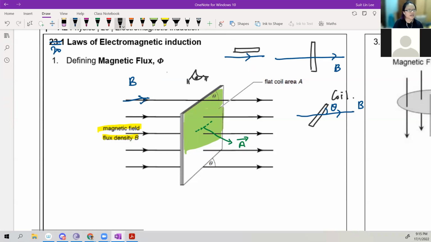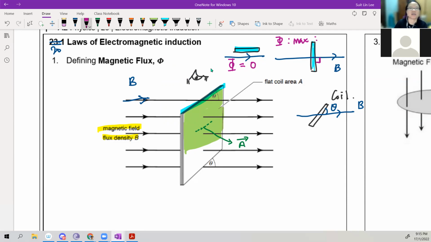So in the first case, the flux is zero because there's no field line that passes through the coil. Here is maximum flux, and this maximum flux is the 90-degree one. Here is between, neither here nor there.